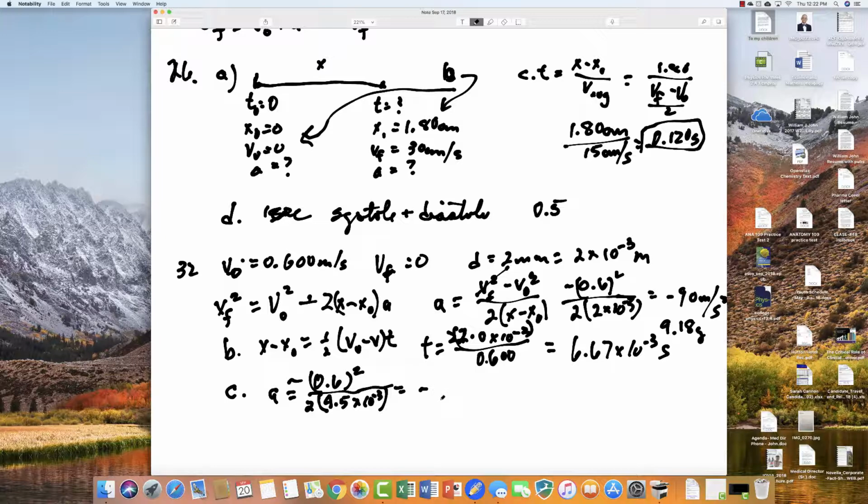And that's going to make it minus 40 meters per second squared, 40.0 meters per second squared. And the G here now goes from 9 to 4.08 G. So it more than halves the G-force on the brain.